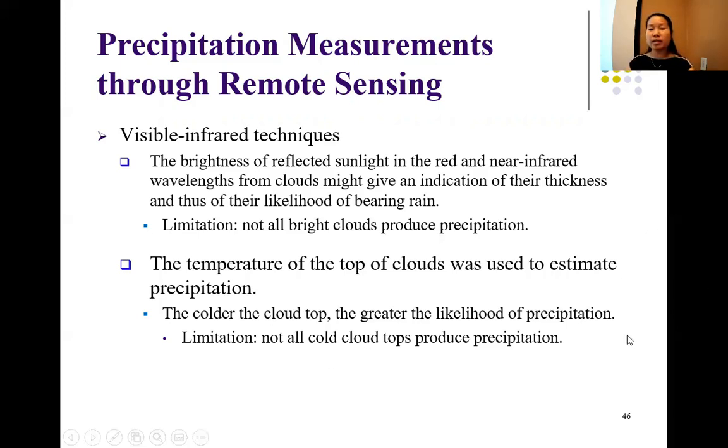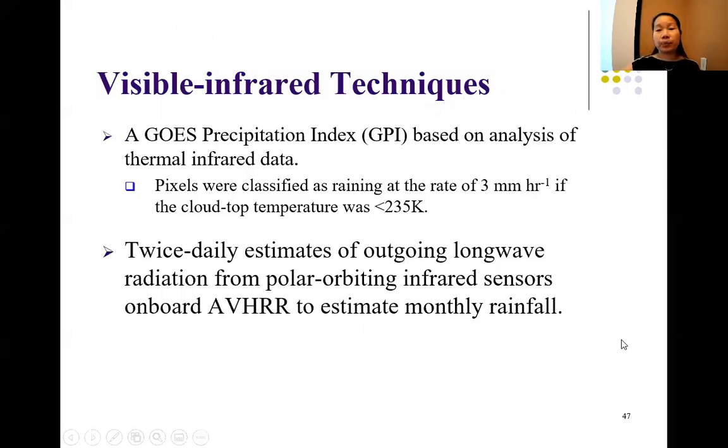Another example is to use GOES. GOES is the weather system that uses two satellites, basically targeting the United States, to monitor the weather. So there is a GOES precipitation index based on analysis of thermal infrared.